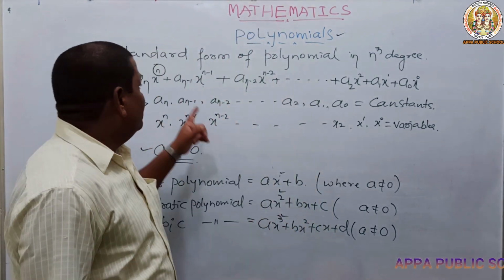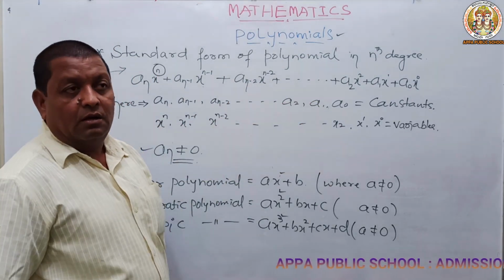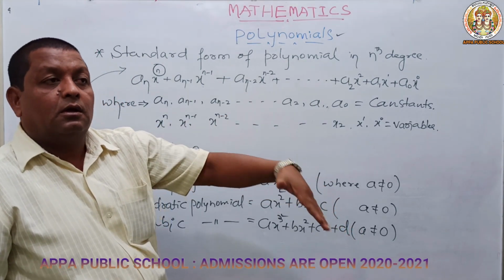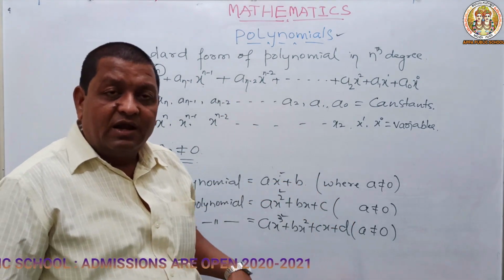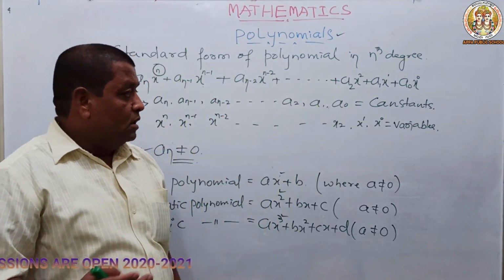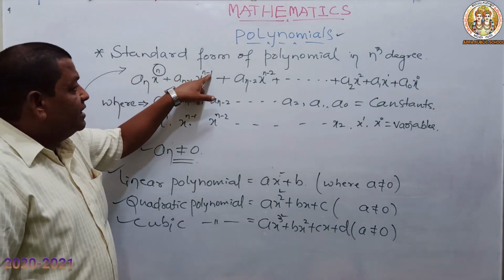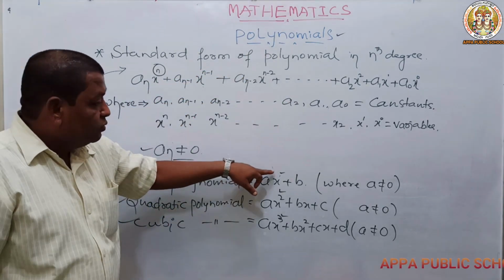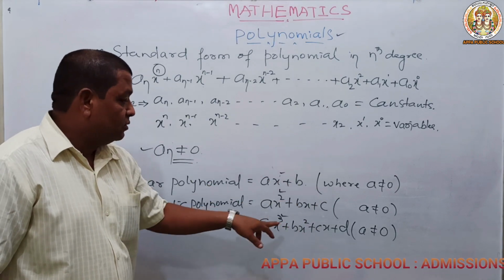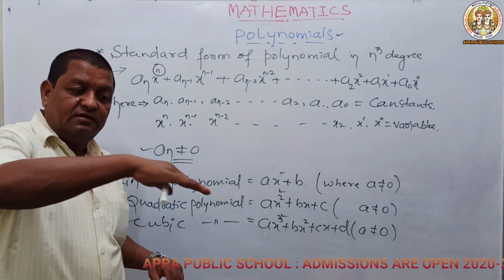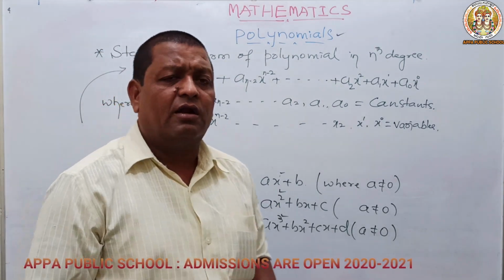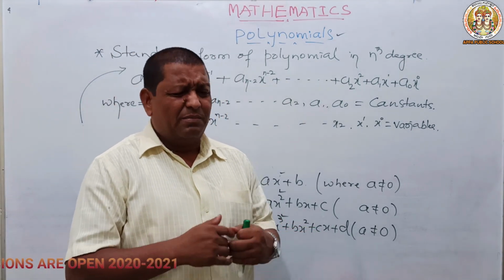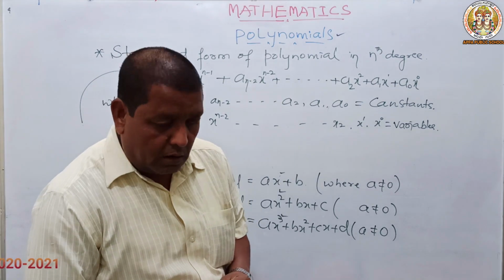And always it goes in decreasing order, highest to lowest, also called descending order: n minus 1, n minus 2, and afterwards down to 1, 0. So it is the standard form in decreasing order. You can write in ascending order; some sums will come in ascending order, but mostly we go with decreasing order.